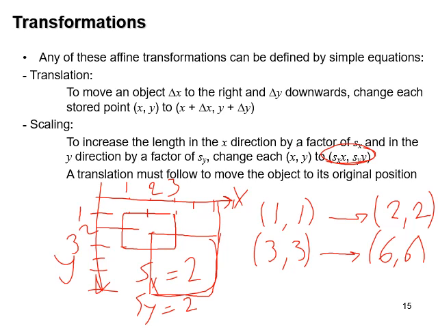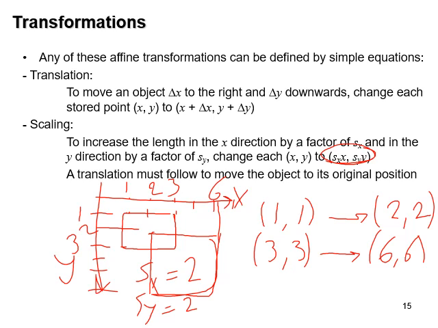Now this new square is, in fact, double the size of the original square, right? Why? Because it starts from 2 and ends at 6, meaning the length of any side of the square is now 4 instead of 2. So this square has a length of 4, while the original one had a length of 2. That's how we scale up a square.